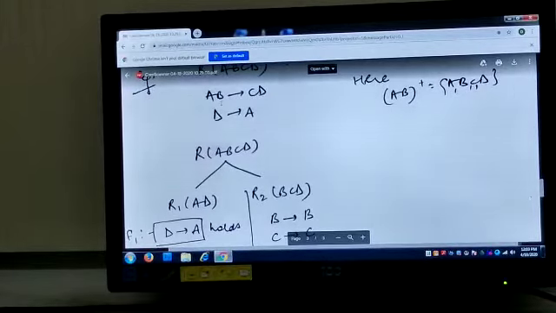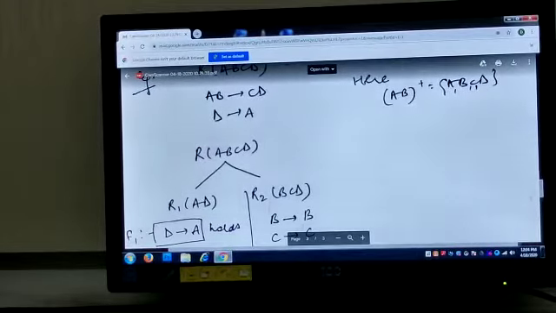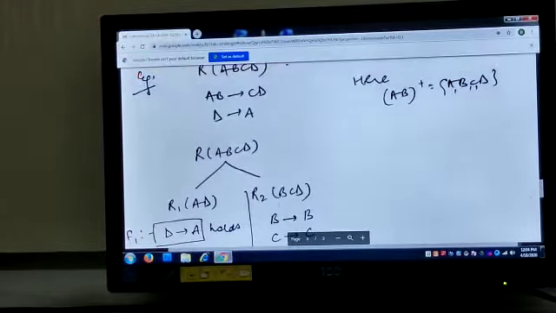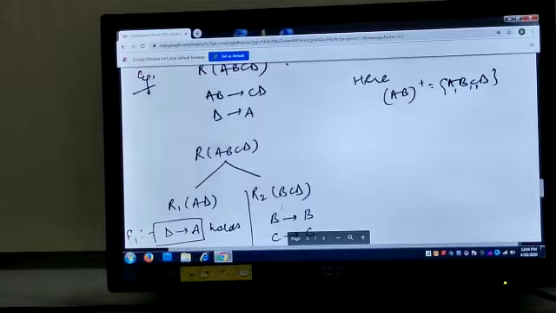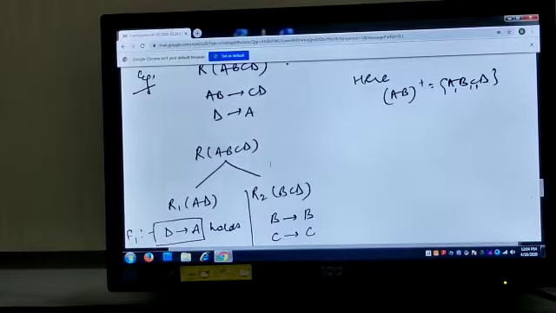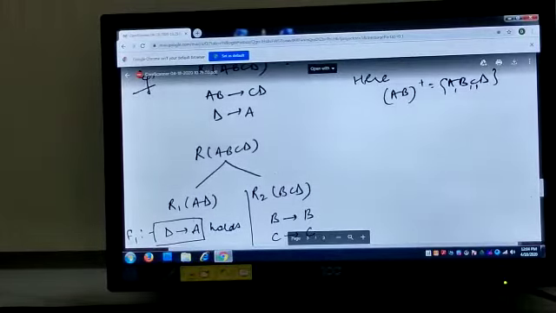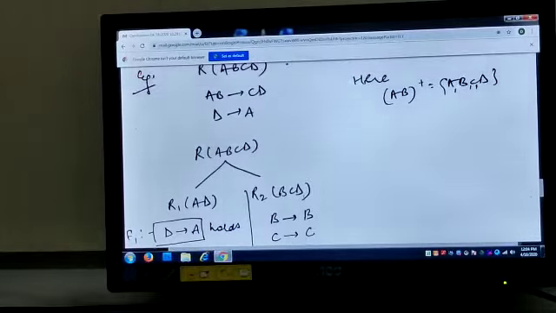I cannot keep AB to CD in R2 again because I am not having attribute A. Make sure when you are dividing the functional dependencies, the attributes occurring in that particular functional dependency should be a part of that relation, right? I cannot have AB to CD in R1 because B and C are not in this relation. I cannot have AB to CD in R2 as well because A is not there in R2, right?